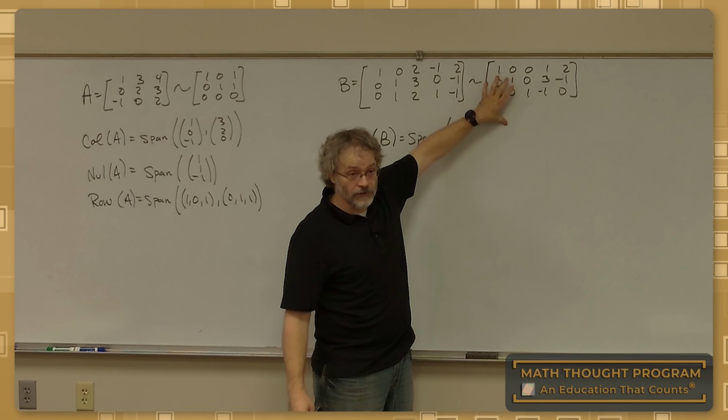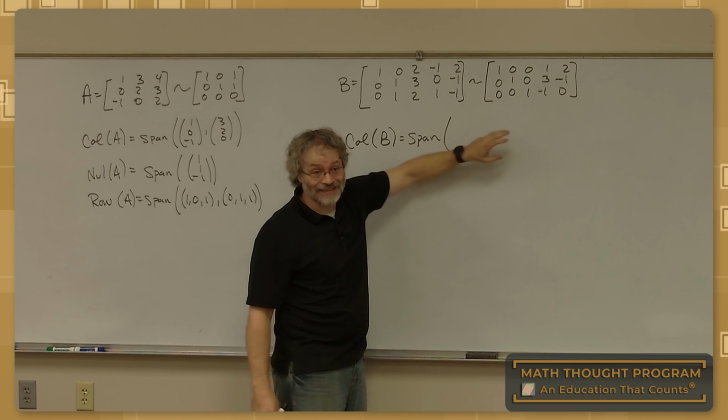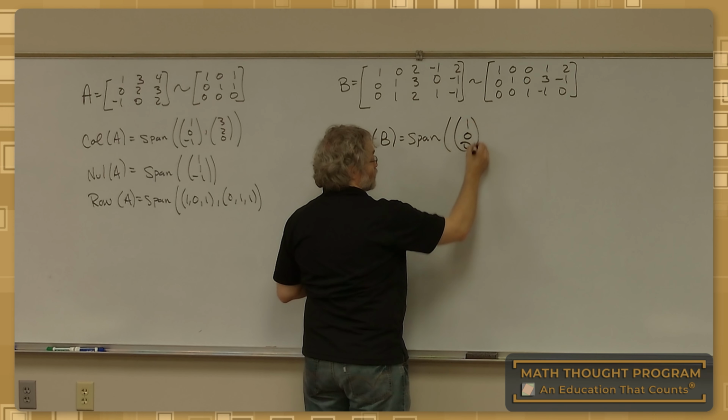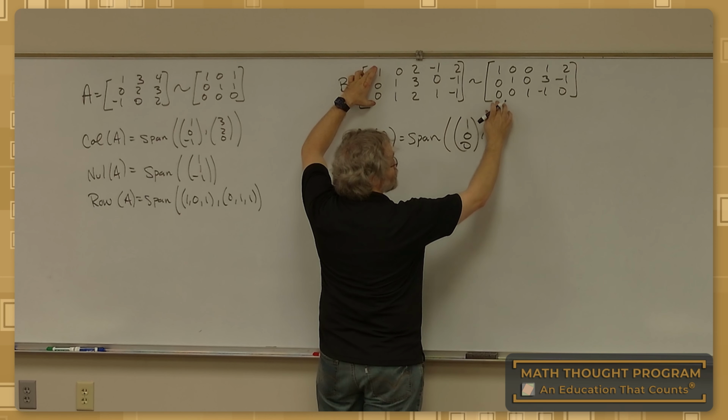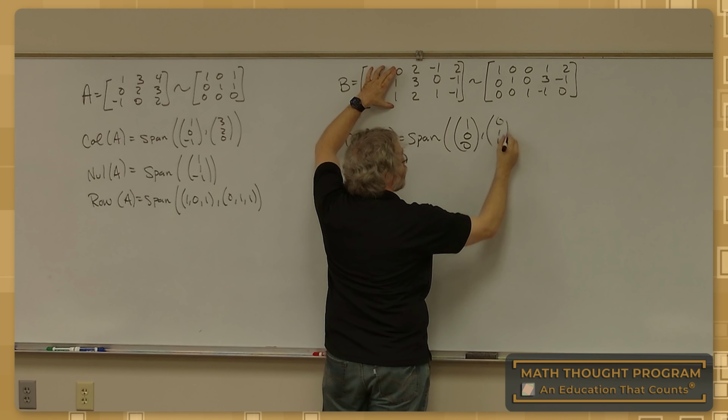They all have a pivot, they have a leading entry. Trace it back to the original. Don't take these again. Trace it back over here and write out those corresponding vectors. First one, because you have one here, you have one here, and you got one here.